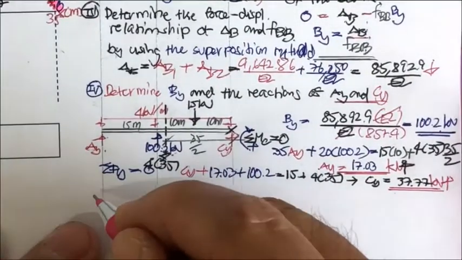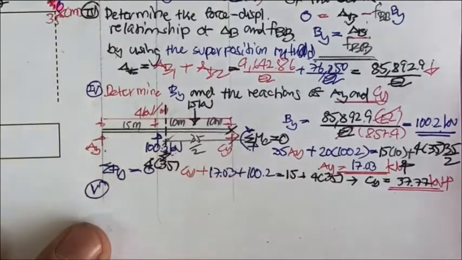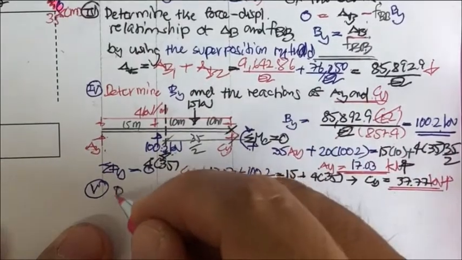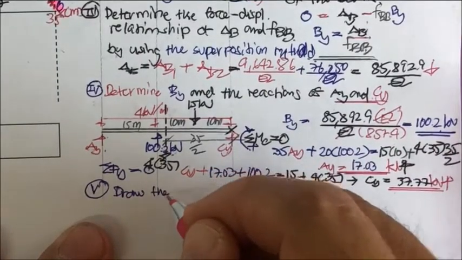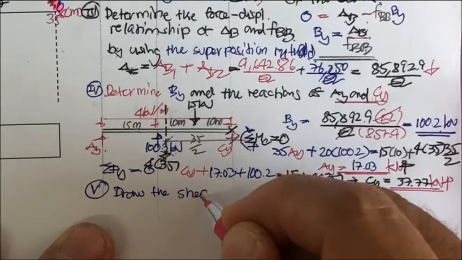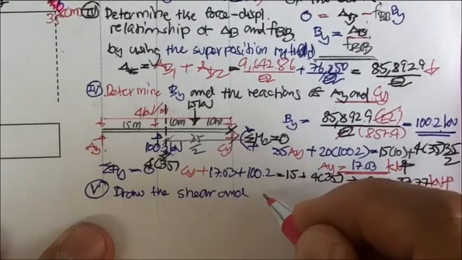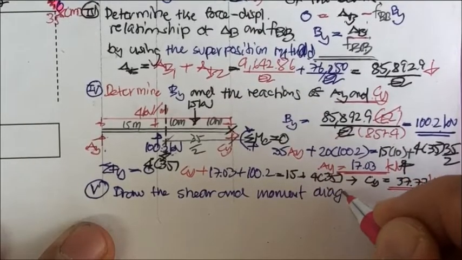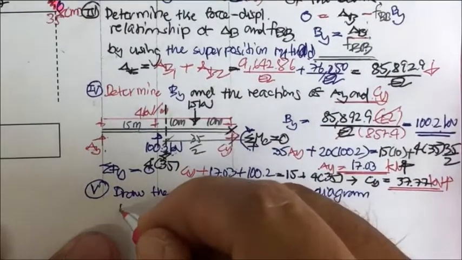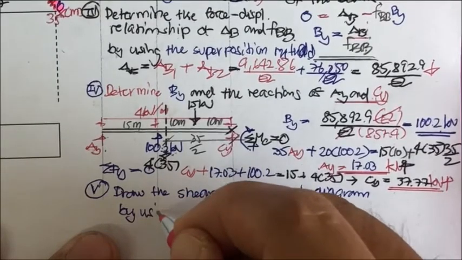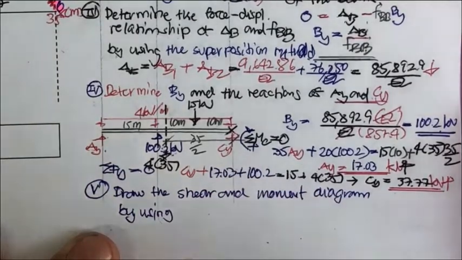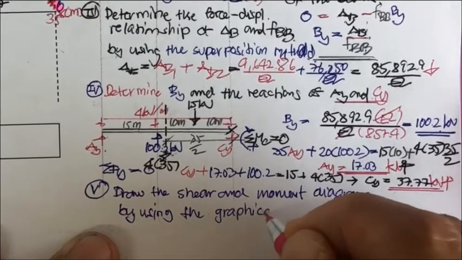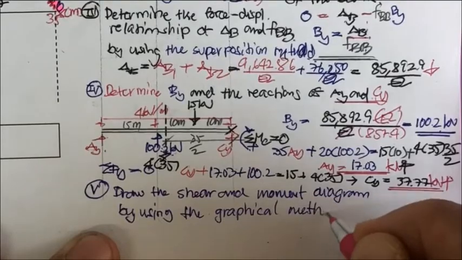So we have 5. After we know the reactions, we draw the shear and moment diagram by using the graphical method, and we did.